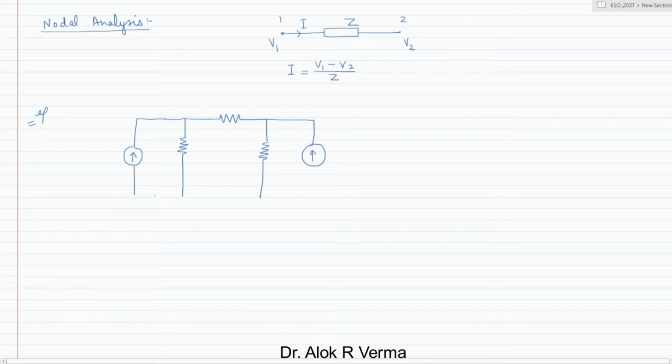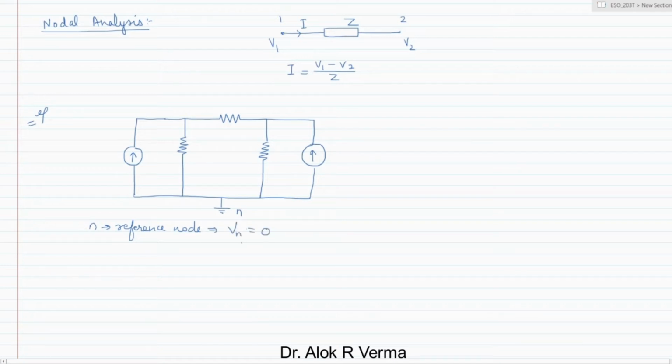In this particular circuit, the most number of elements are connected at this bottom line. So we can take this as a reference, n. So n is basically the reference node, and the voltage at node n is nothing but 0.